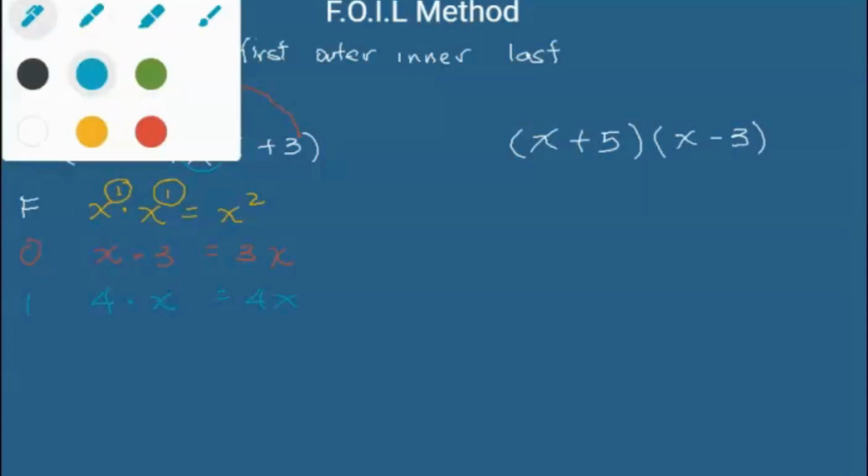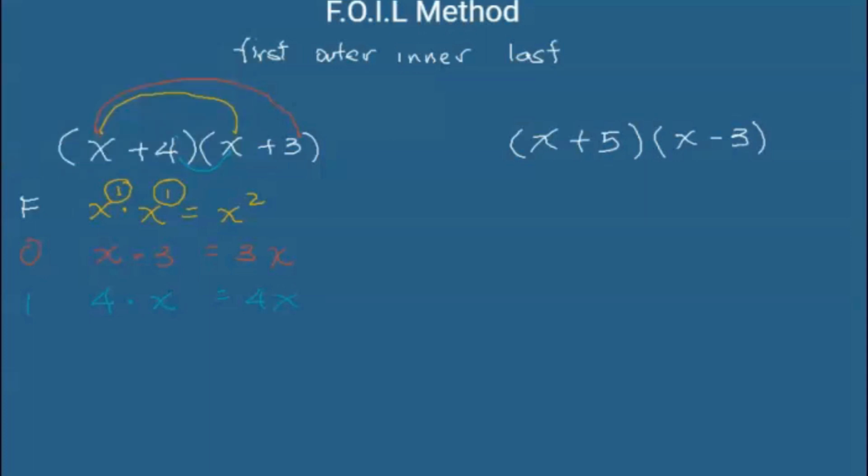And L is for the last terms. The last terms of the binomials are the 4 from x plus 4 and the 3 from x plus 3. So the last terms are 4 times 3, so that's 12.